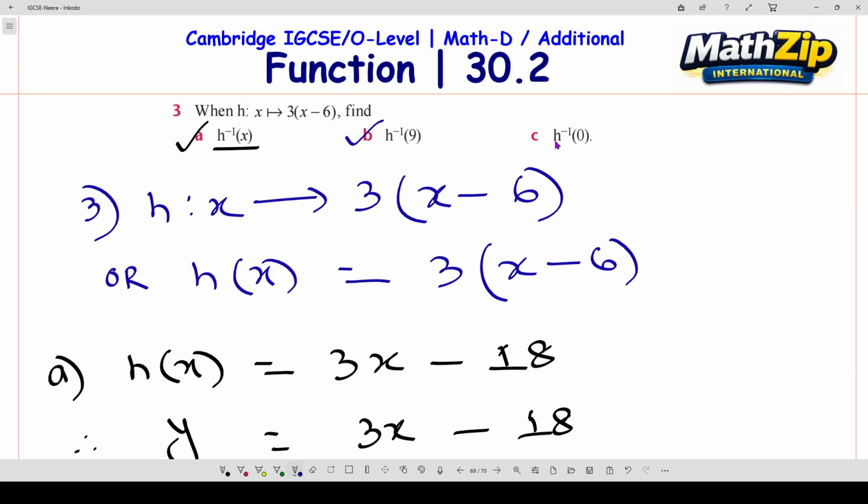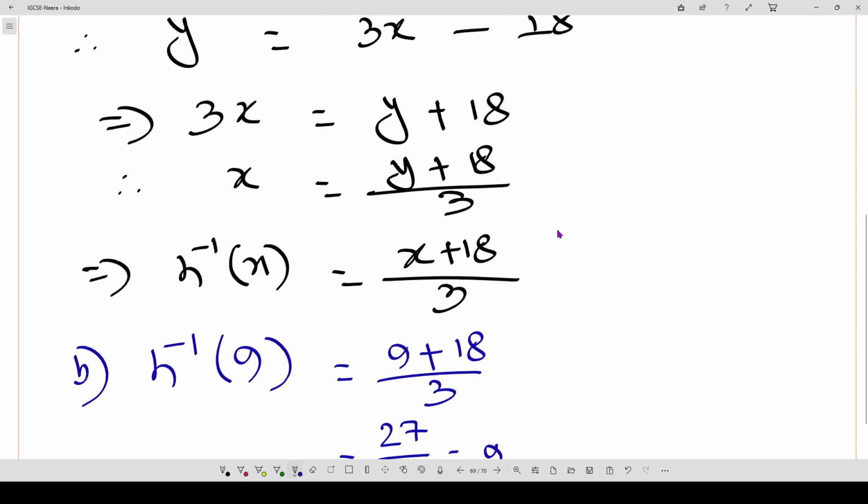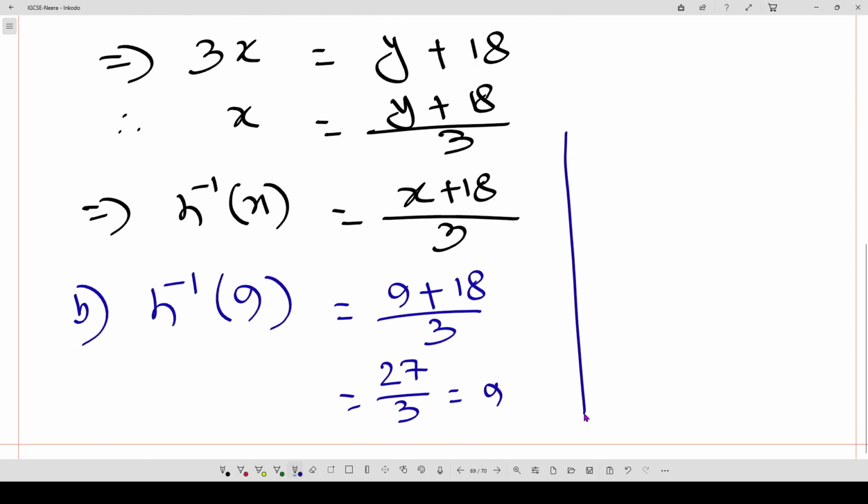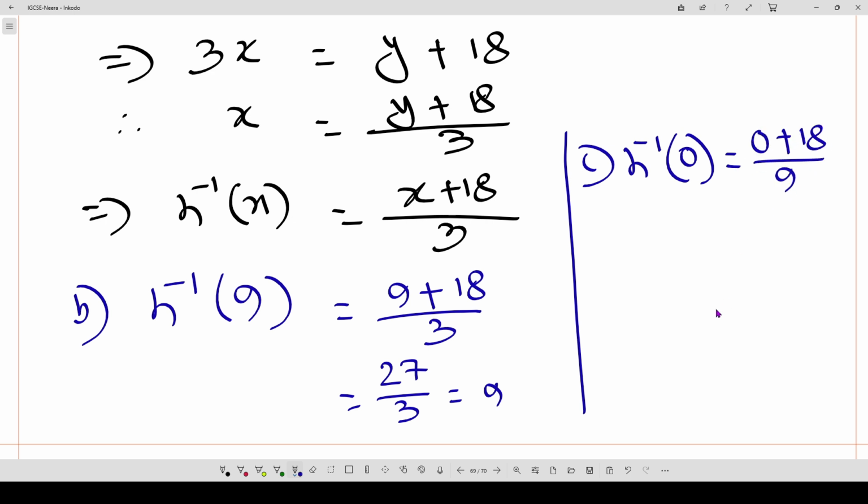Now part C is inverse h of 0. So 0 plus 18 by 3.